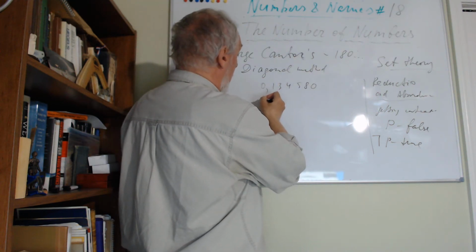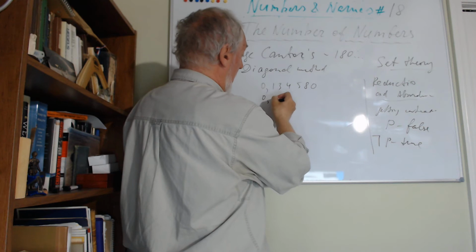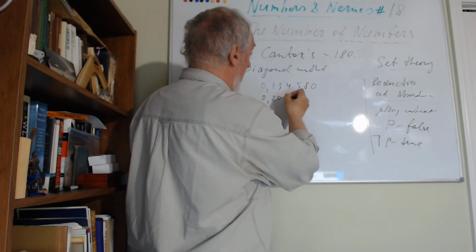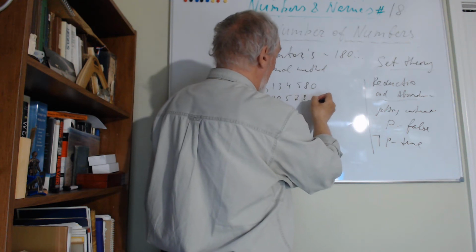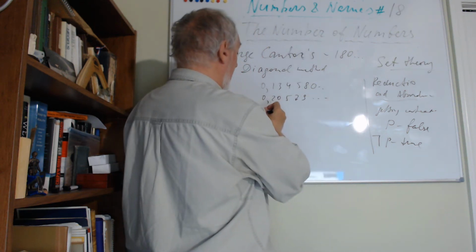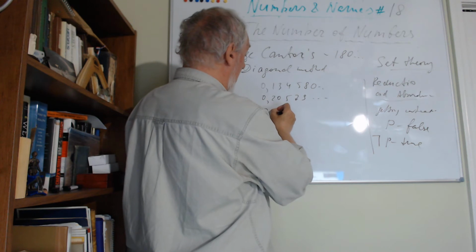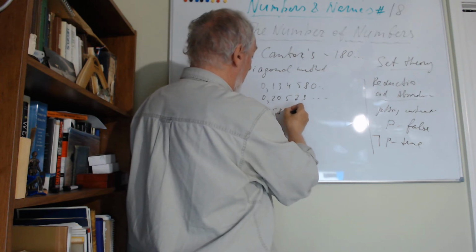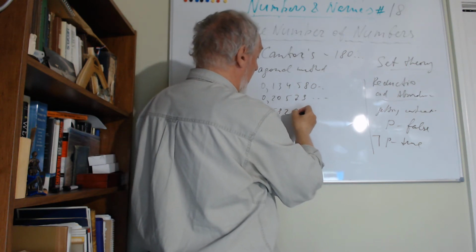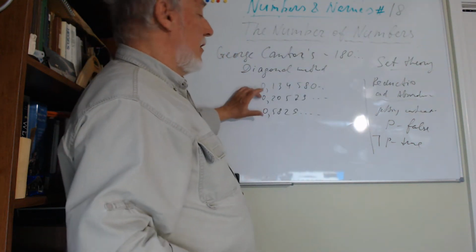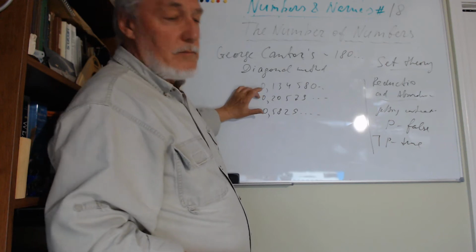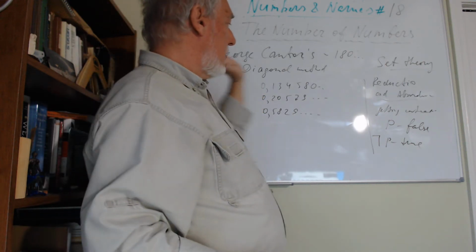Then he put another number, like 2, 0, 5, 7, 9, whatever. And again 0, like maybe 5, 8, 2, whatever numbers. And he suggested that all of them are irrational. So it goes infinitely there.